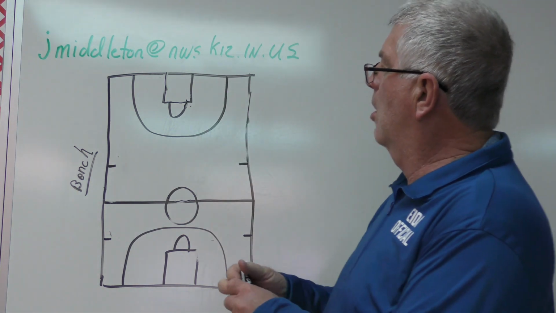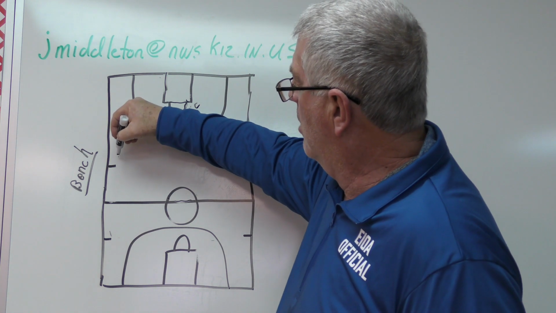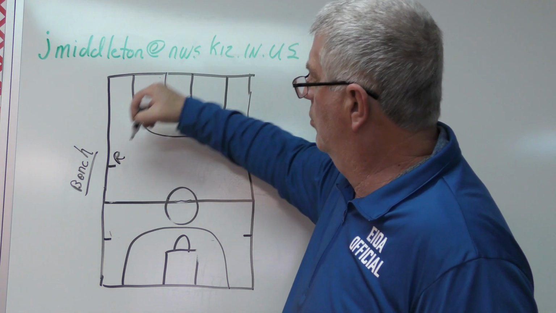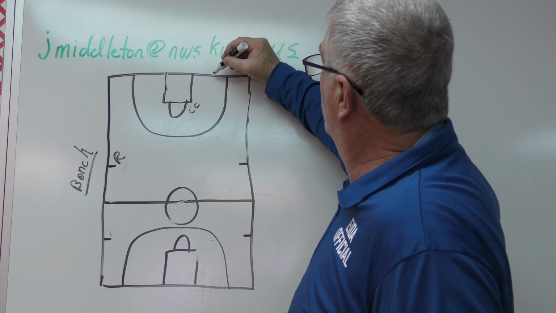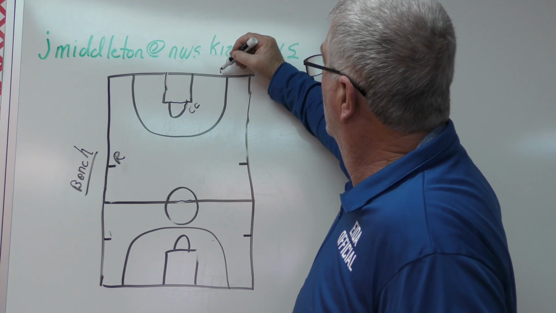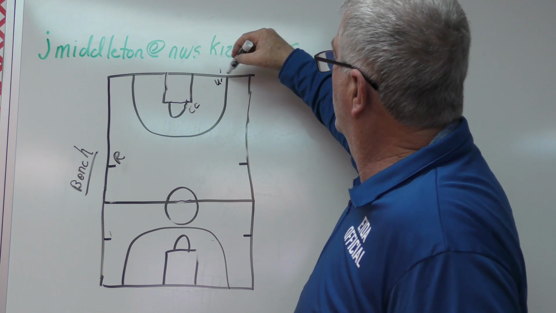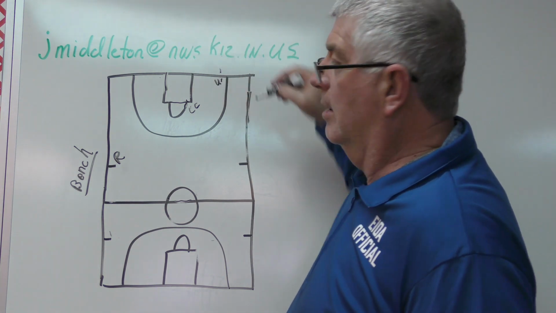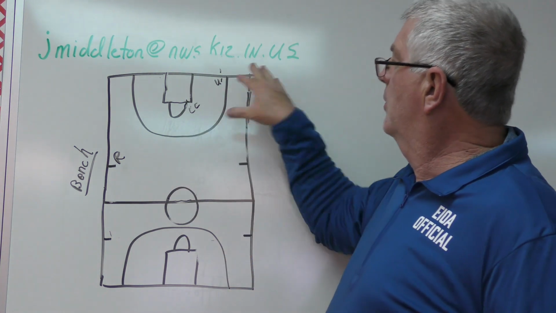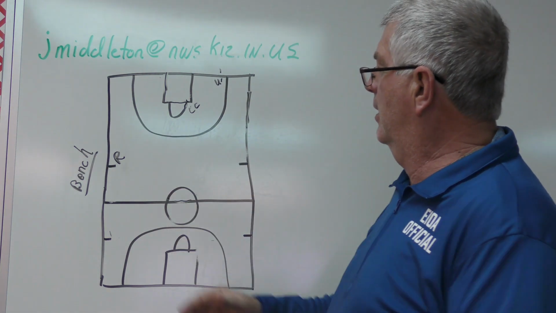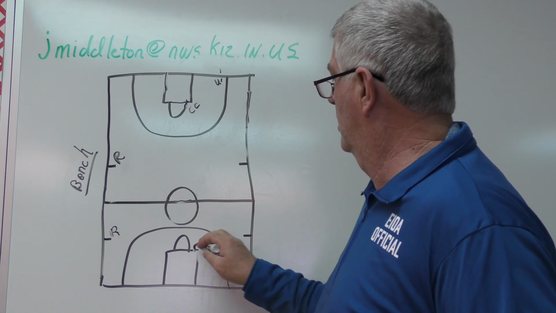So if we're having a jump ball down here, our CC will be tossing, our R will be here, and our umpire is going to be about here, about one step in. And that way they can cover this sideline if need be. And if the ball gets tipped back there, they're ready to go for that. So basically that's how we set up. And it's no different if we come down here, we're going to have our R, our CC, and then our U.